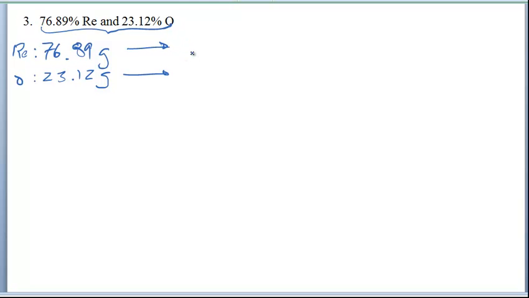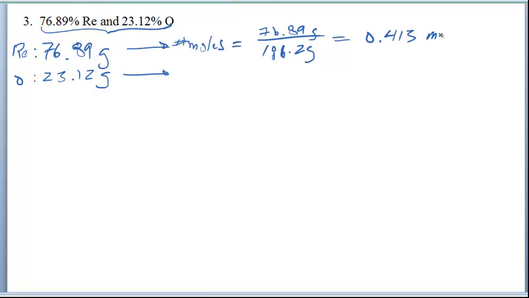All right, so how many moles? The number of moles equals 76.89 grams divided by the atomic mass of rhenium, which is 186.2 grams, and that gives us 0.413 moles.